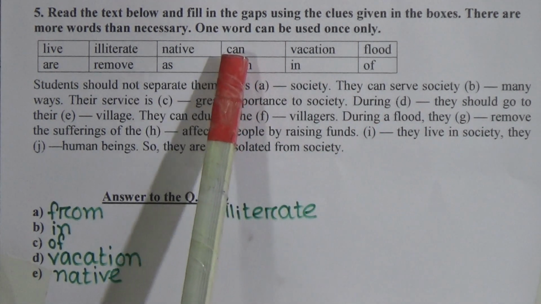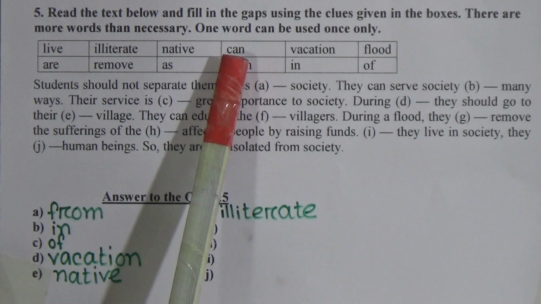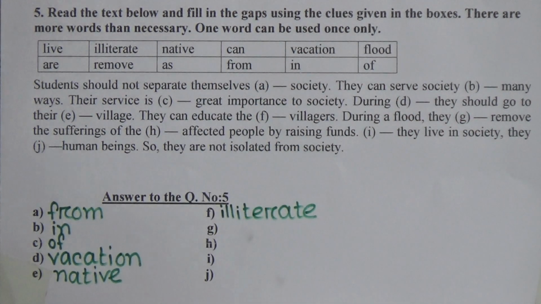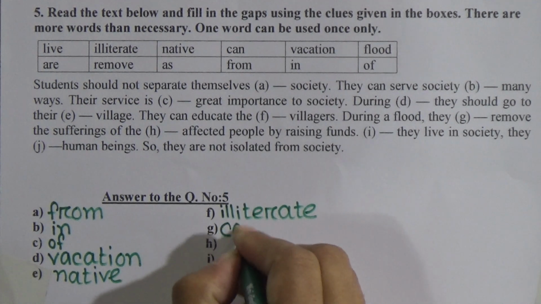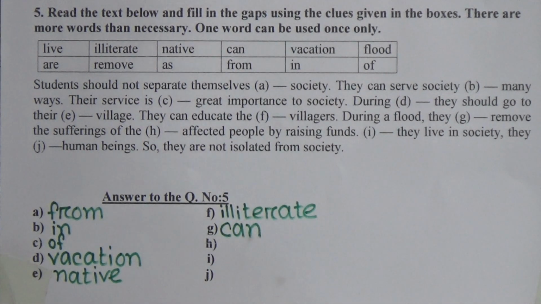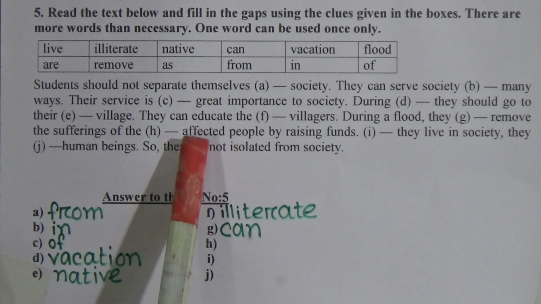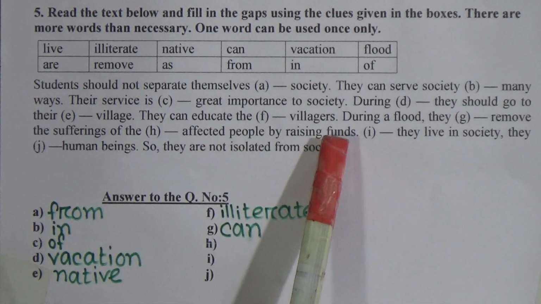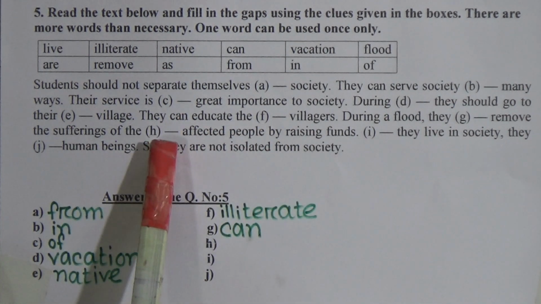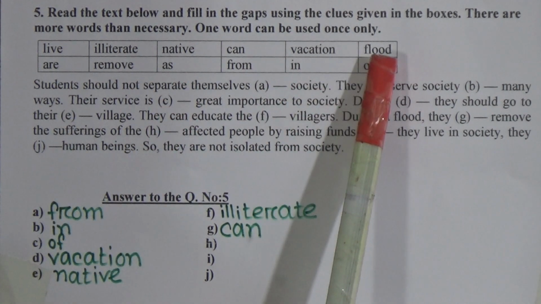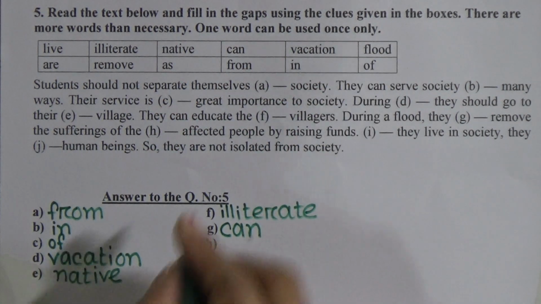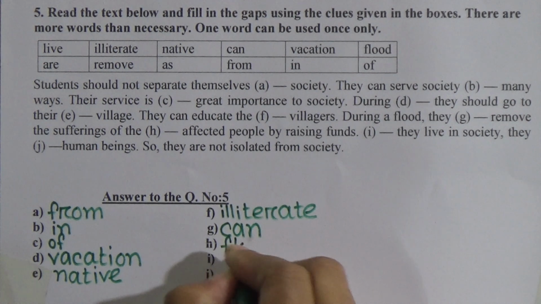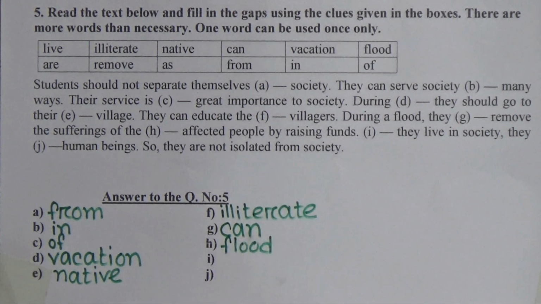We find a verb, and this is can. They can remove the sufferings of the, and for G we have to write can. The sufferings of the dash affected people by raising funds. So which affected people? It would be flood affected people. Number H, we have to write flood.